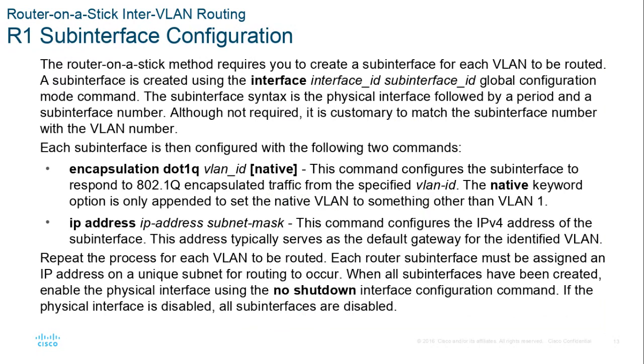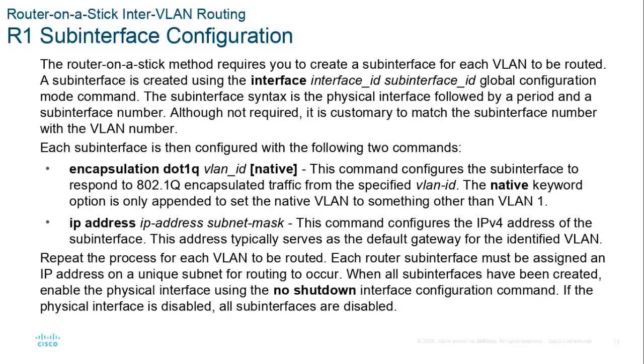So we're going to create a sub-interface on the router. Okay, that was all review. This is our new command that we're doing. We're going to type in a command that says interface gigabit Ethernet 0/0/0.10 or .20, and then we're going to tell it what VLAN it's supposed to be associated with, and then we're going to assign an IP address to that sub-interface.